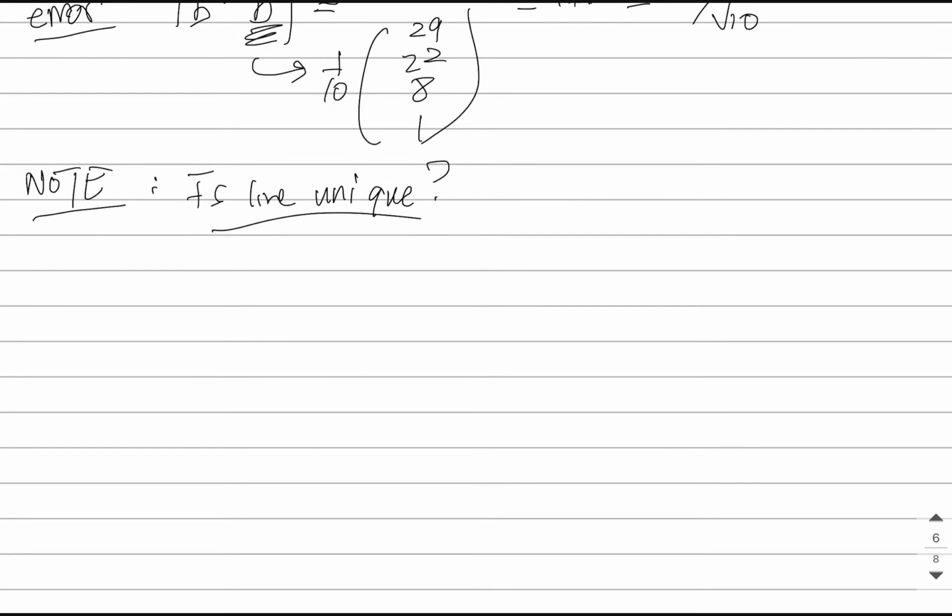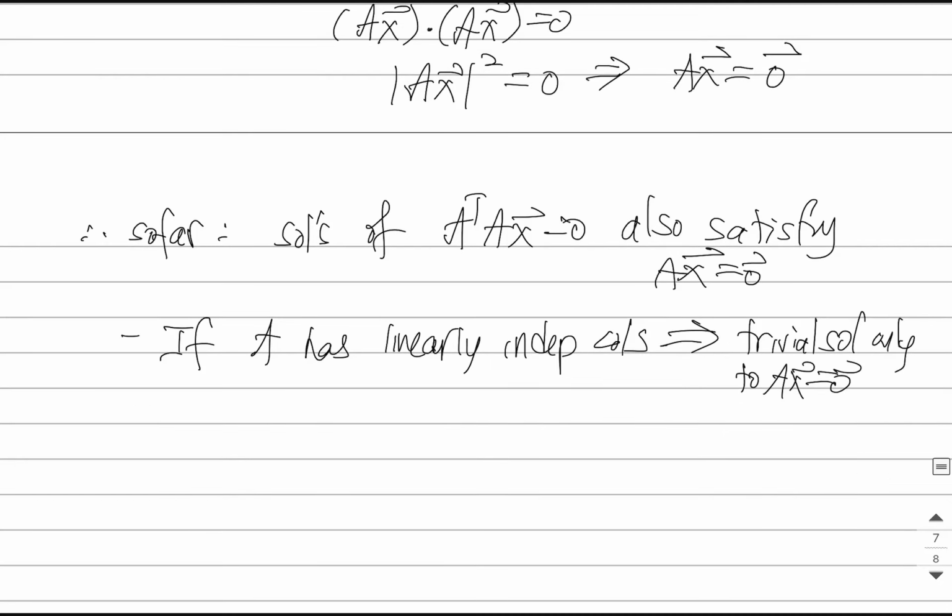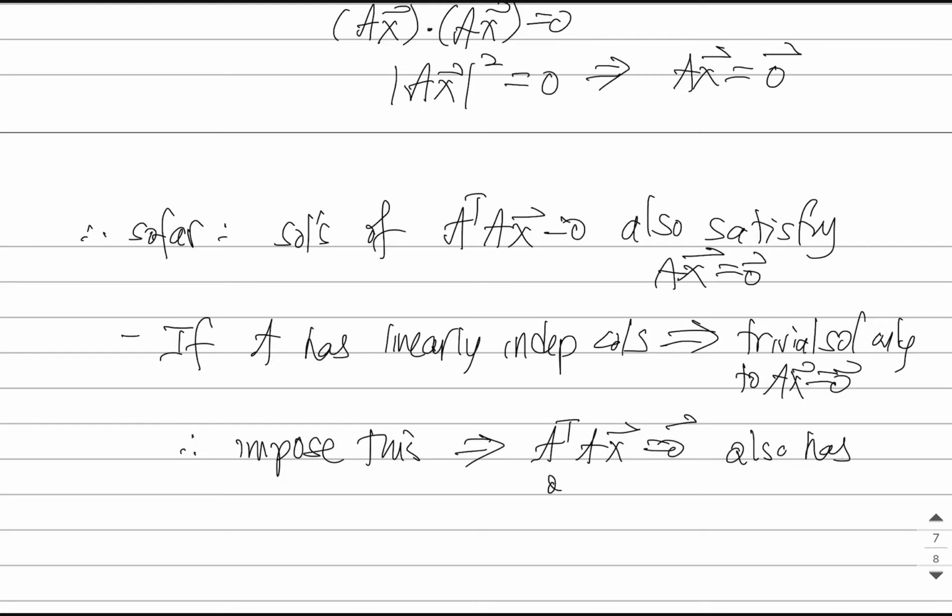Here's where we can impose some conditions. If A has linearly independent columns, that means we have the trivial solution only to AX equals 0. So if we impose this condition, that means A transpose AX equals 0 also has only the trivial solution.